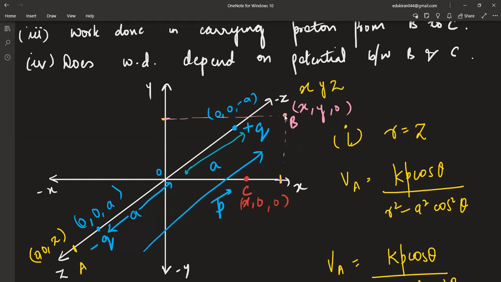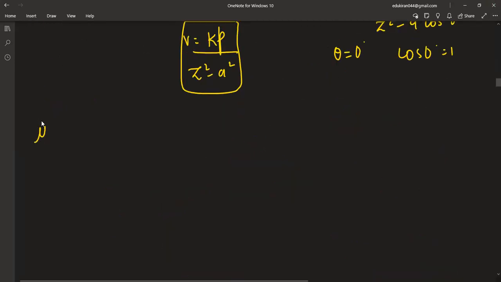So this is somewhere here, point B. Can you see this is the xy plane? And what is the z-axis? The z-axis is perpendicular to it. It means this point is actually lying on the equatorial line of the dipole. So the answer to the second part, VB becomes 0.